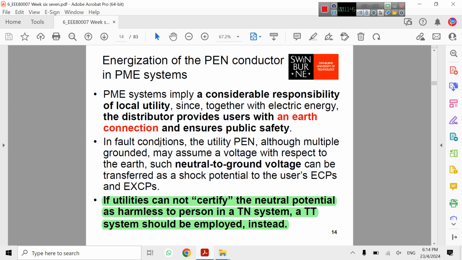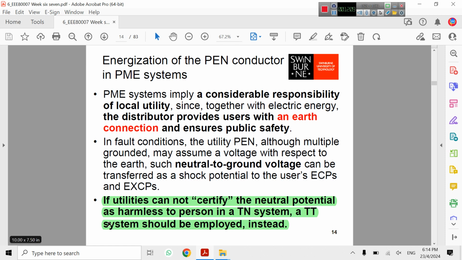In a fault condition, the utility PEN, although multiple grounded, may assume a voltage with respect to the earth. The touch neutral to ground voltage can be transferred as a shock potential to the user's ECP and EXCP.